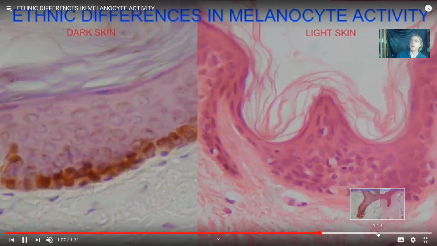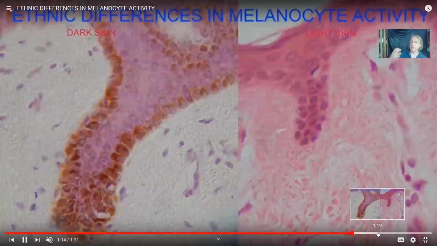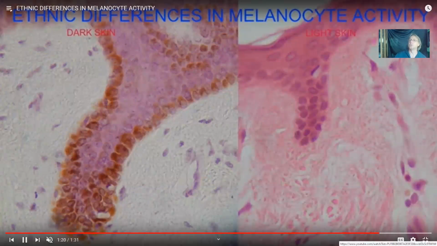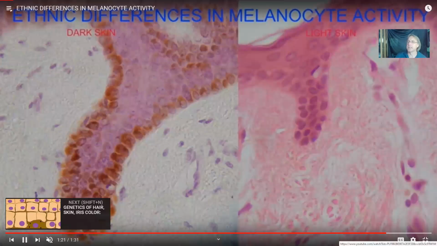In the same way, hairs have follicles where the matrix of the hair has melanocytes, and once again, melanin can be then injected into the keratinocytes, which compose the hair. The genetics of this involves multiple genes, so let me just kind of go through this.